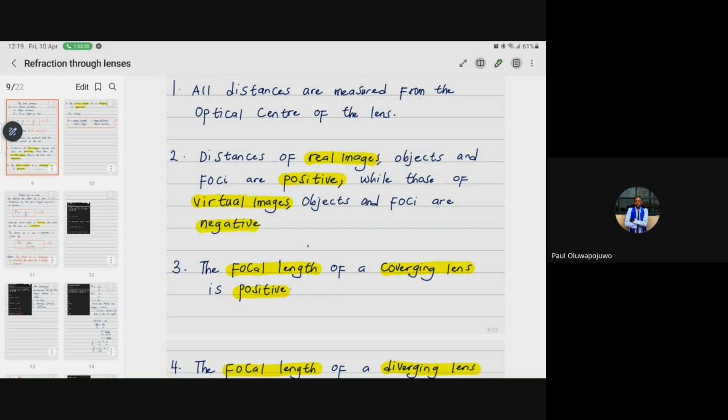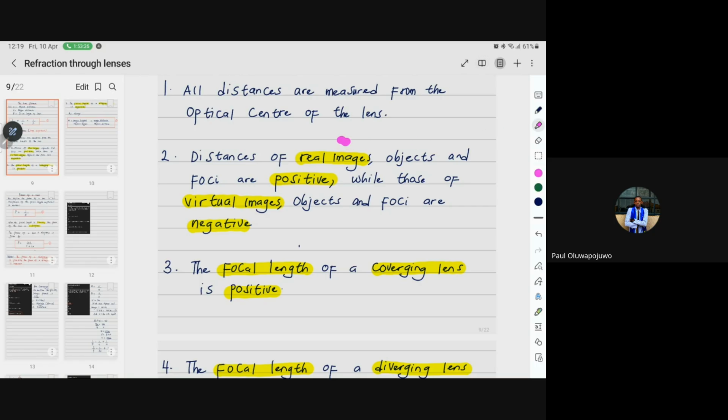Makes sense now. So that is what we need to hear, right? This is where these rules start making sense. So distances of real images, objects are positive, while those of virtual images are negative. So we expect that image to be a virtual image. Are we together now? Yes, sir. All right. Richard, are we together now?